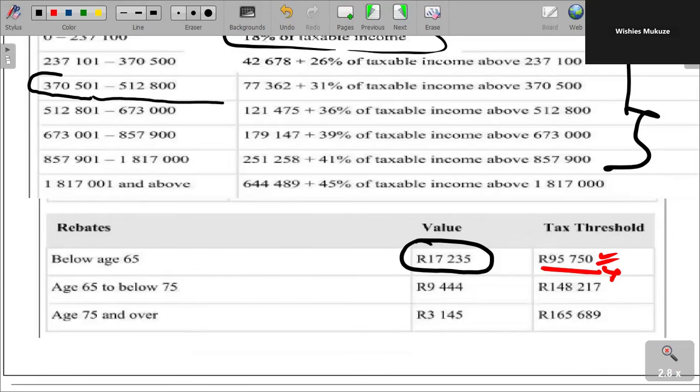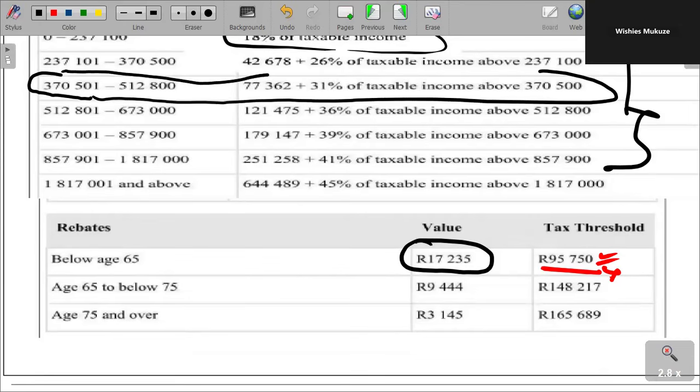This is Mr. Indebele's category, and this is where we are working from. We use that table: 77,362 plus 31% of taxable income above 370,500. So we need to work it from there.